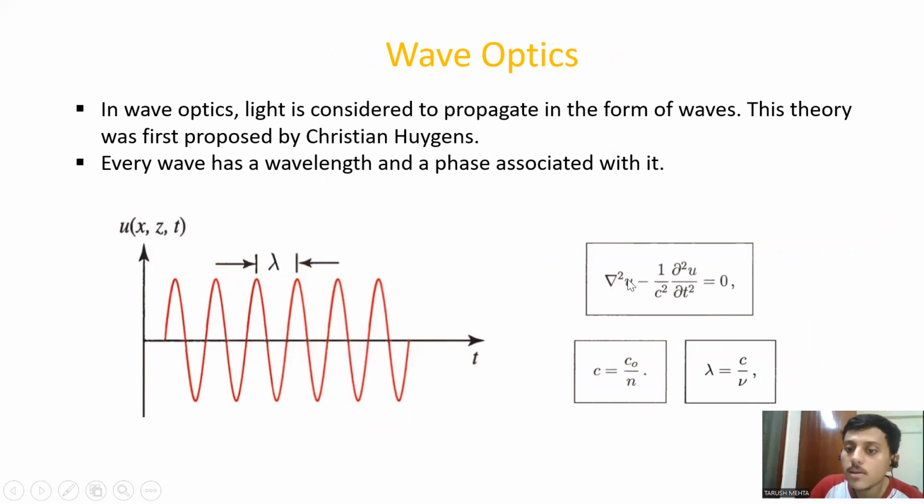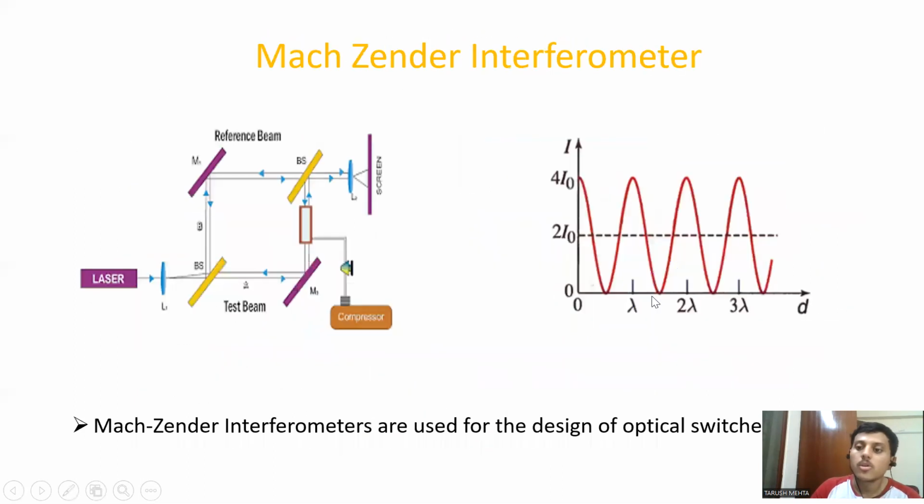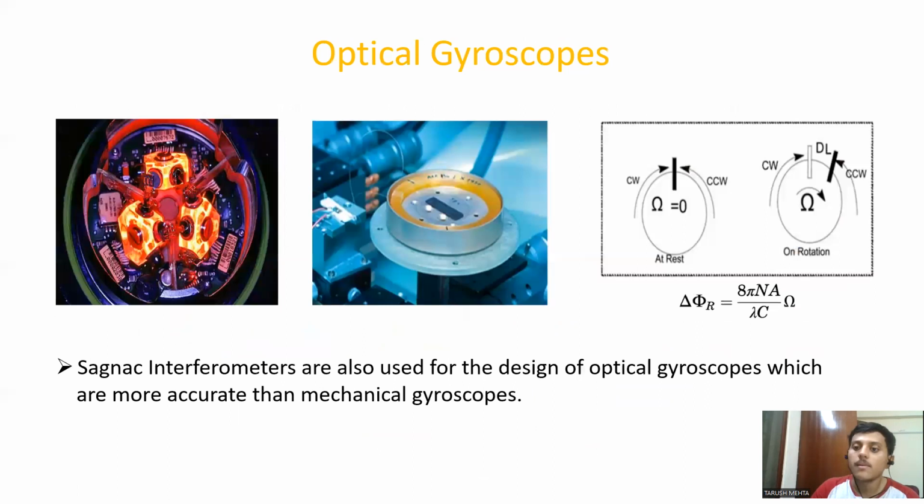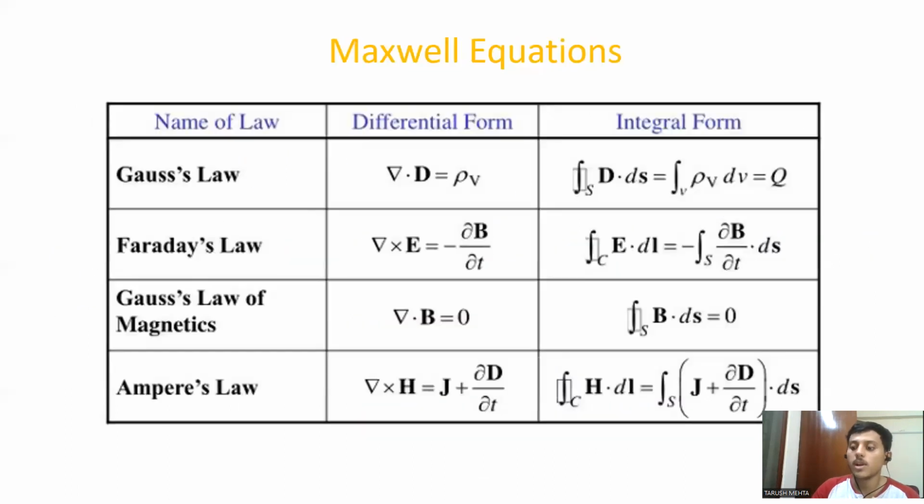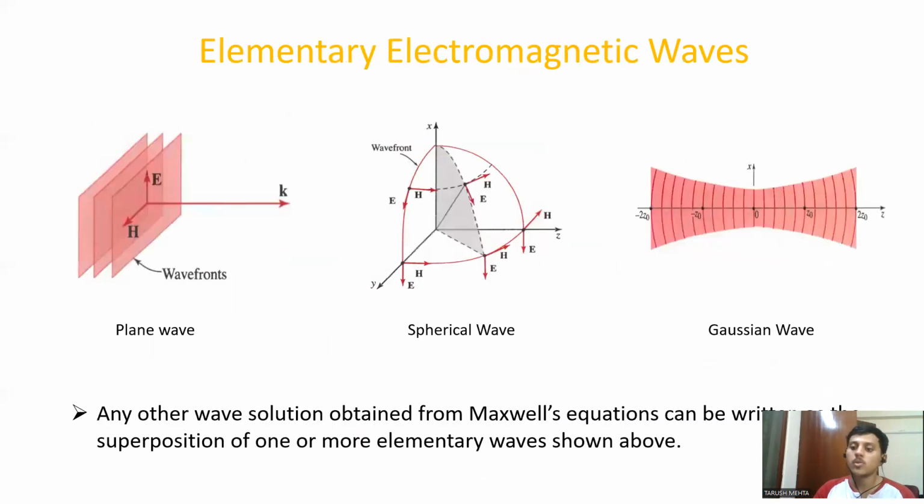So basically, we will have del square E bar minus 1 by C square del square E bar by del T square equal to 0, and del square H bar minus 1 by C square del square H bar by del T square equal to 0. So just the U will be replaced by E or H. And basically, those two equations describe the propagation of the electromagnetic wave through some medium.